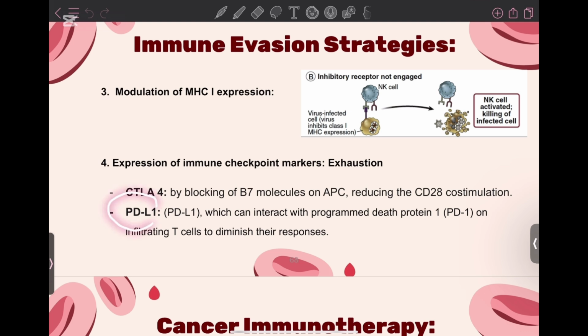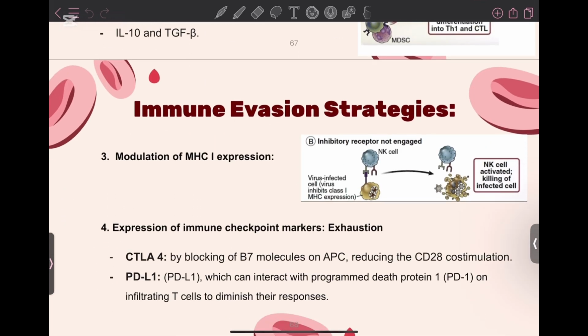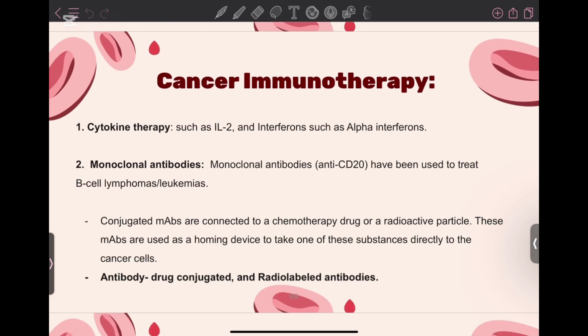There's also PD-L1, which interacts with programmed death protein, so this is going to promote the death of the T cells. All of these mechanisms are the ways cancer cells use to escape our immune system.